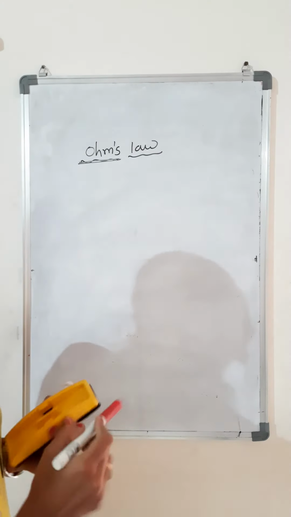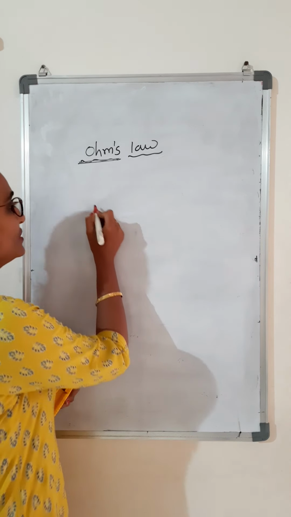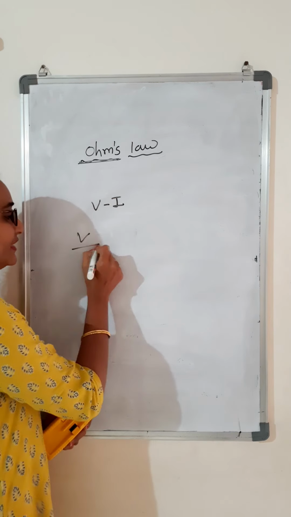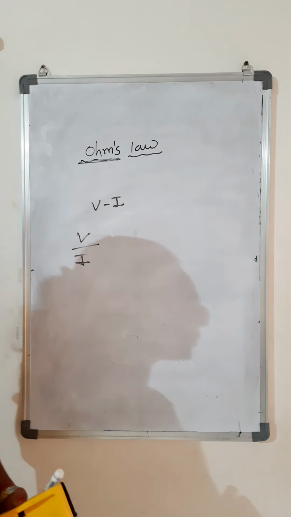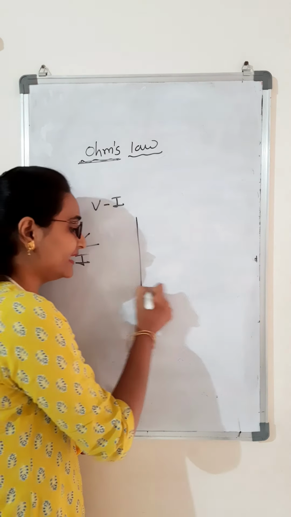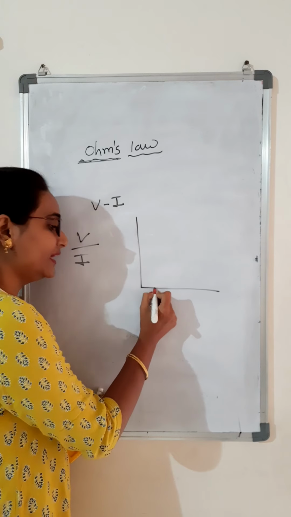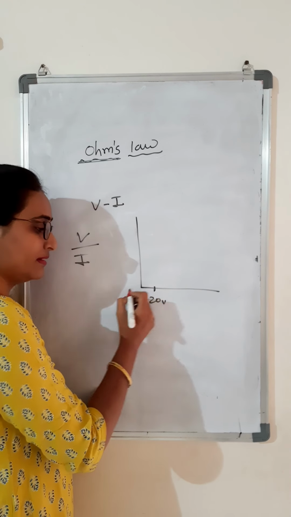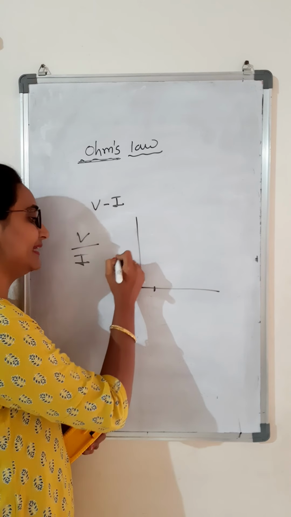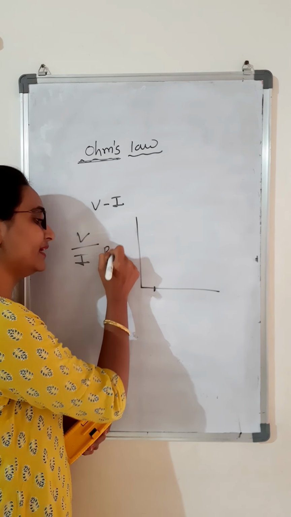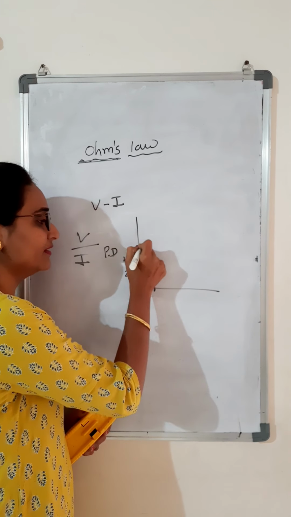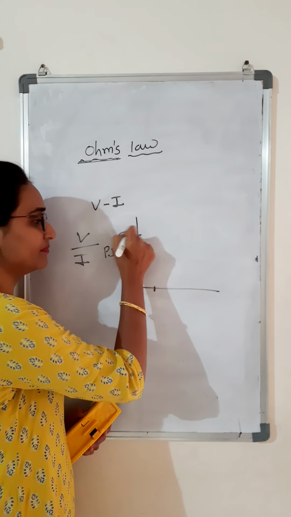Now suppose I take a VI graph. I told you the V by I ratio will always be constant. Here we are taking the potential difference. Suppose this is 20 volt, 40, 60, 80.